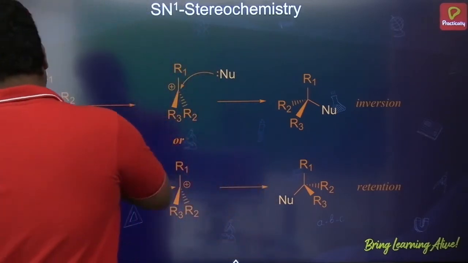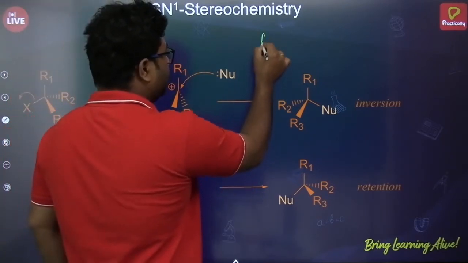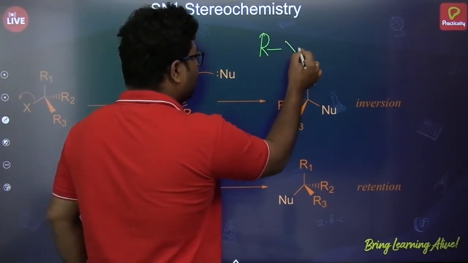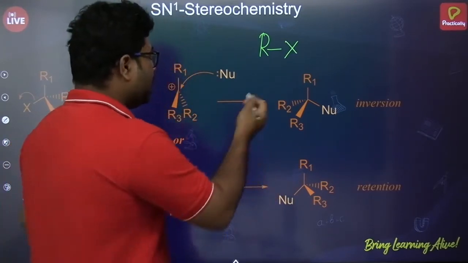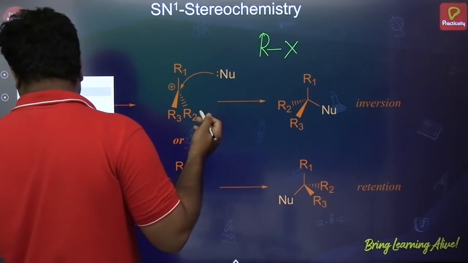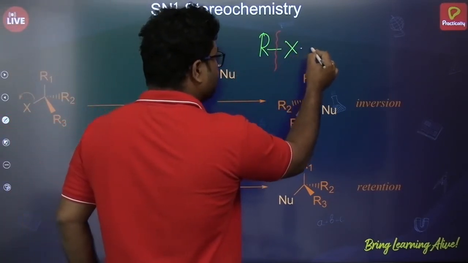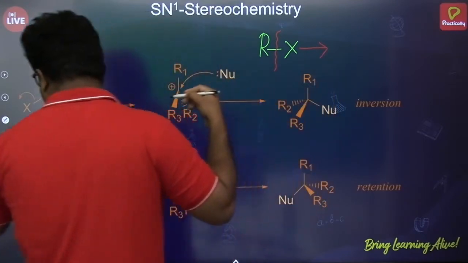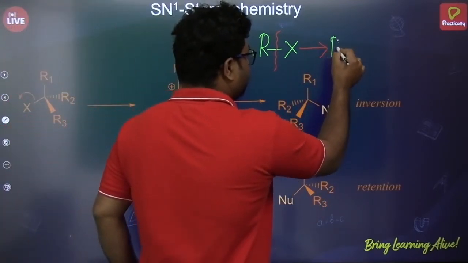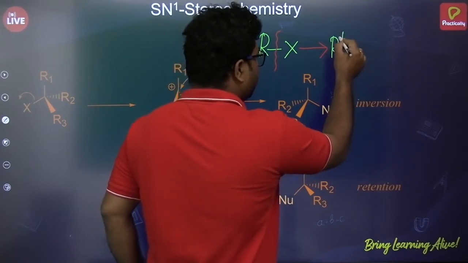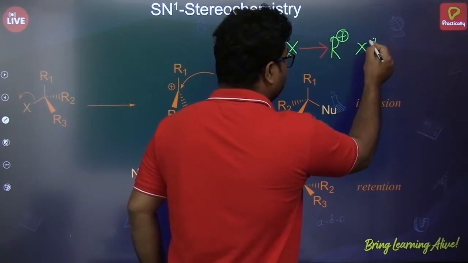So suppose this is your alkyl halide. Okay, now it could be primary, it could be secondary, whatever it could be. Now, what is happening here is that the bond between them is getting broken just like this. Whenever the bond gets broken, we have a carbocation and we have a leaving group.